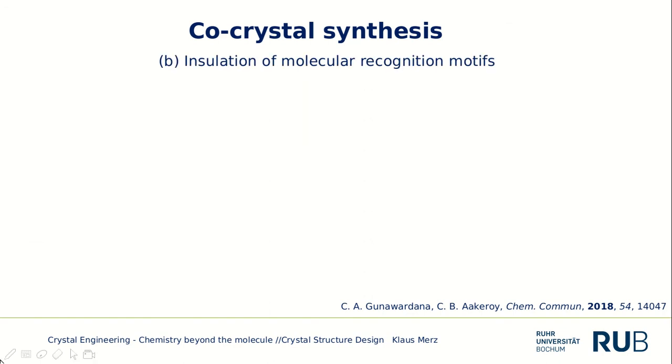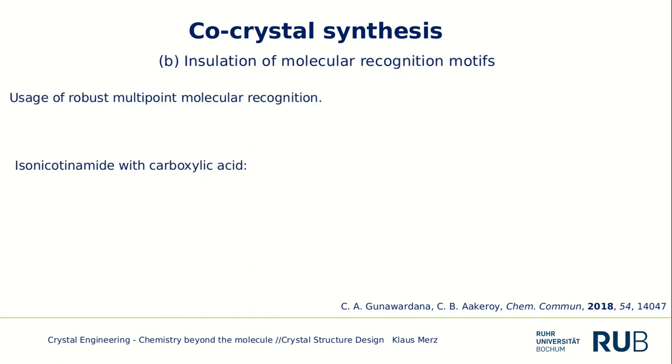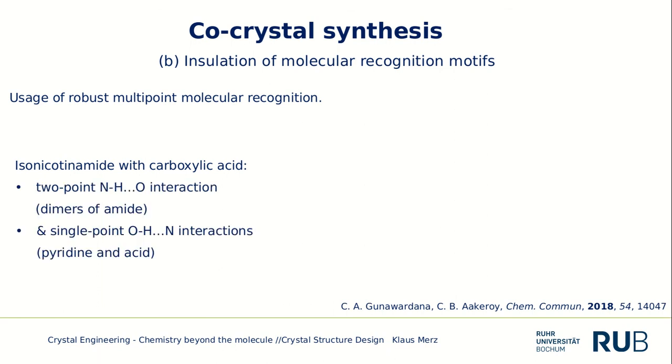Next point, trying to use insulation of a robust synthon. Yes, for example, isonicotinamide with carboxylic acid. This is very, very typical, using isonicotinamide in crystal engineering.